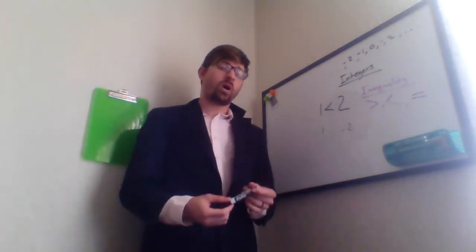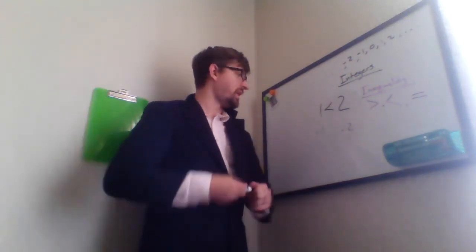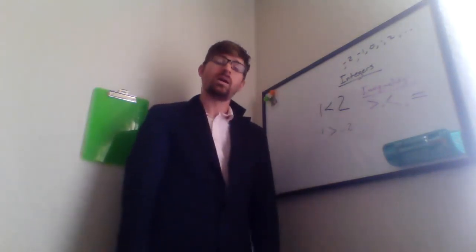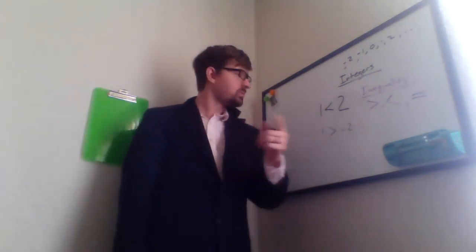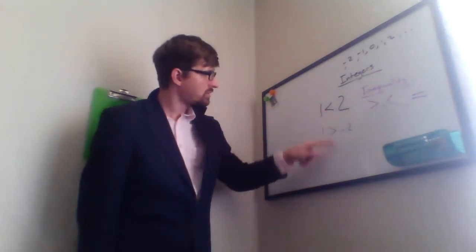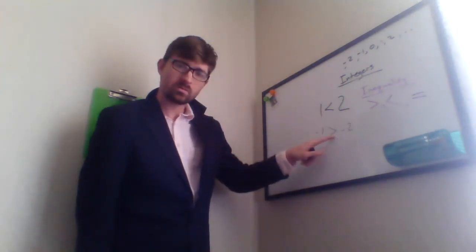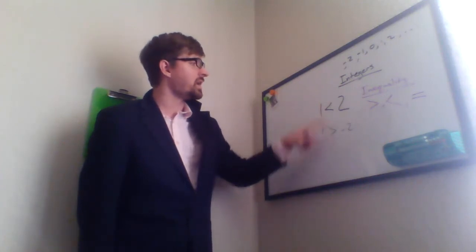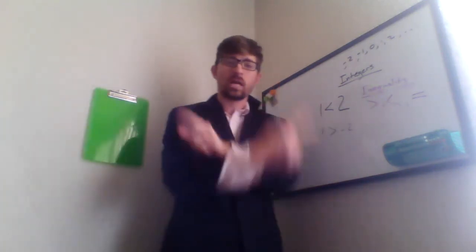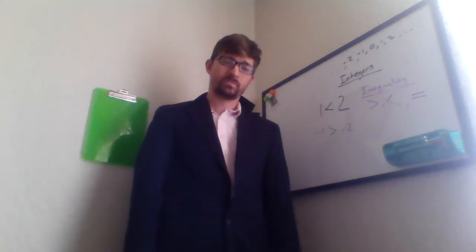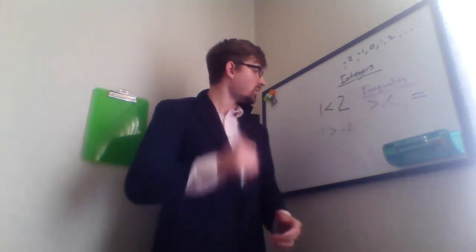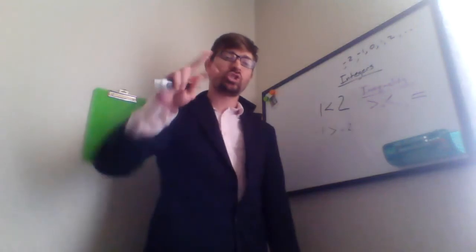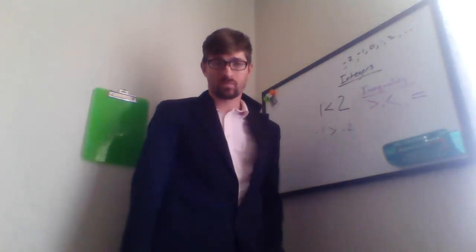Well, using the argument that we just posed, the -1 is bigger. Look what happened here. You see it? The sign of the inequality flipped. So whenever we negate an inequality, it changes the sign.